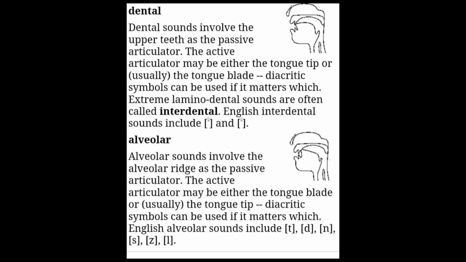Alveolar. Alveolar sounds involve the alveolar ridge as the passive articulator. The active articulator may be either the tongue blade or the tongue tip. English alveolar sounds include t, d, n, s, z, l.